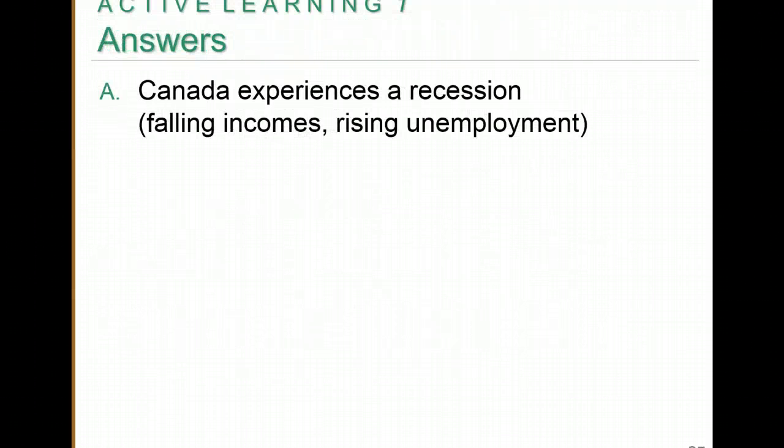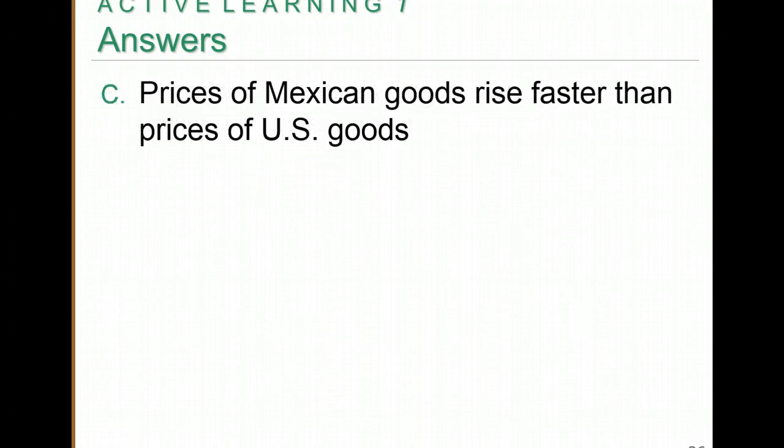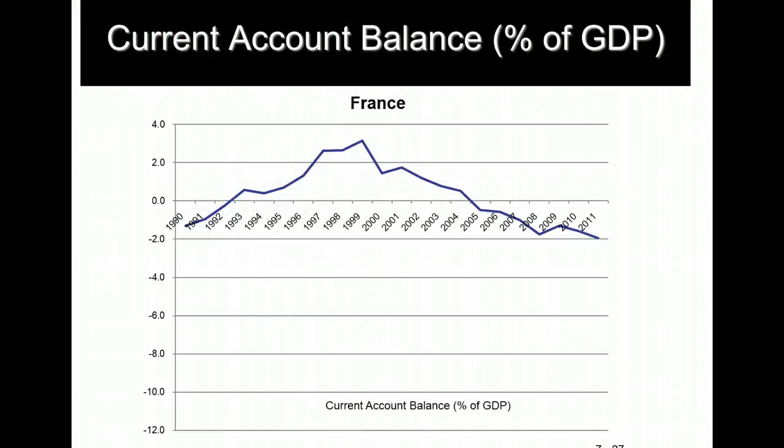This is an in-class example that I have, which we won't be going over right now. And here are some current account balances, or trade balances, as a percentage of the economy. Before I go through all of these, it's very important to know that there is a magic data point: when a trade deficit or trade surplus grows beyond 5% of GDP, you start to see an effect on other parts of the economy, primarily exchange rates.